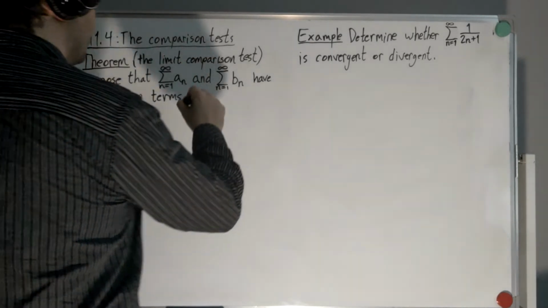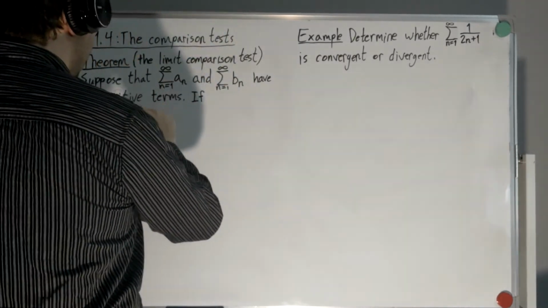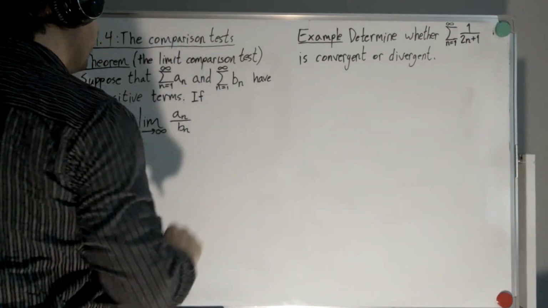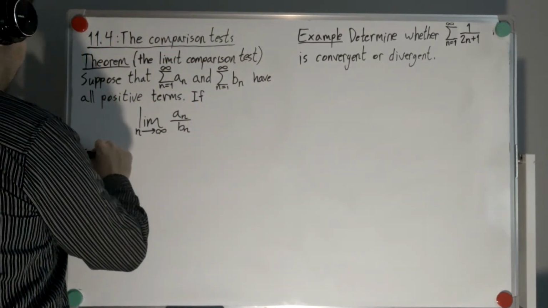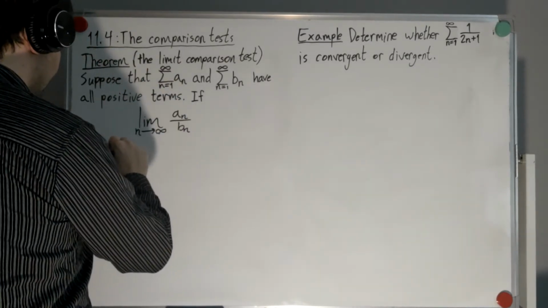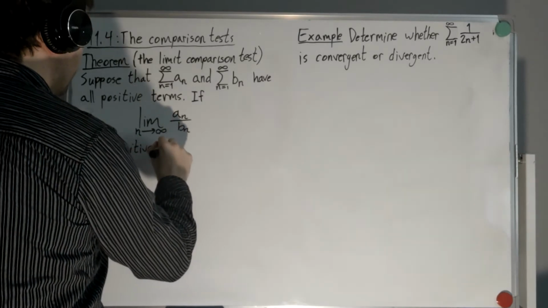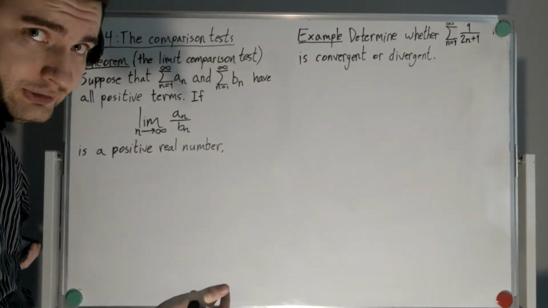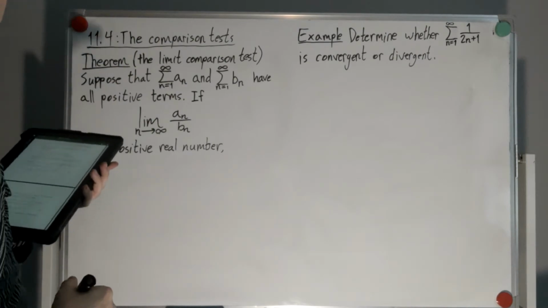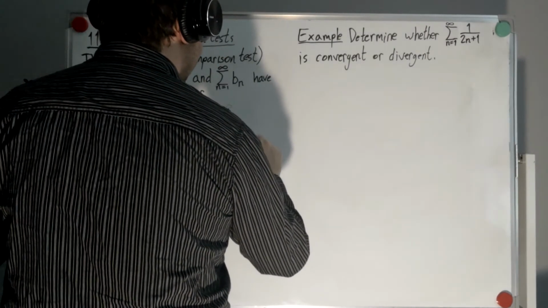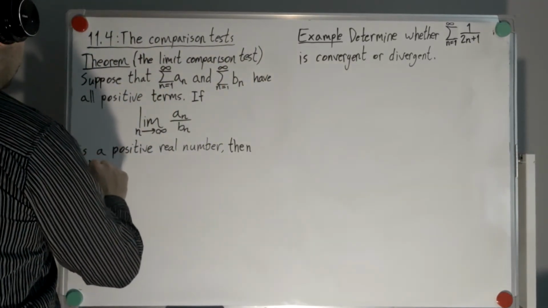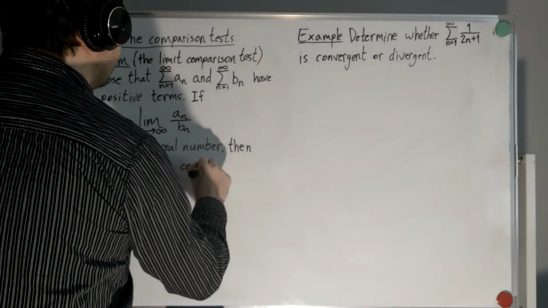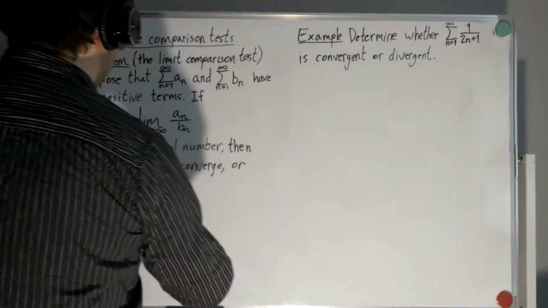Now, if the limit as n approaches infinity of an divided by bn is a positive real number, so that means greater than 0 but less than infinity, then either both series converge or they both diverge.